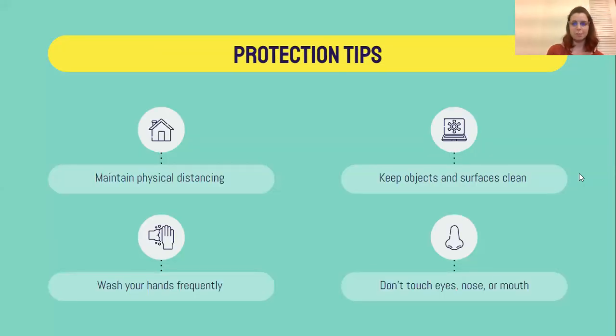General protection tips are: maintain physical distancing. We are encouraged to maintain a physical distance of 6 feet or more whenever possible. Physical distancing is the terminology that we're using instead of social distancing, because we don't want to enforce the idea that we should be socially isolating during these times.